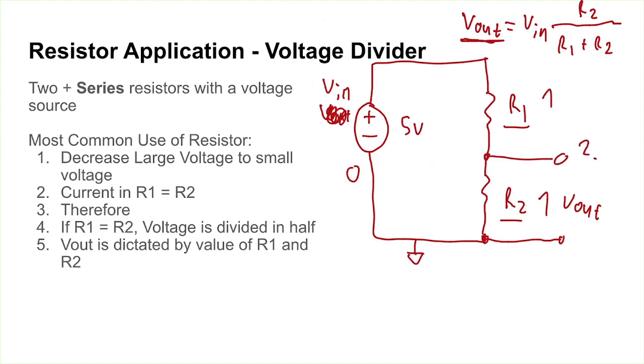So this will be 2.5 volts. So you can tune V out to be the voltage you want by changing those resistor values, the ratio of the resistors, right?